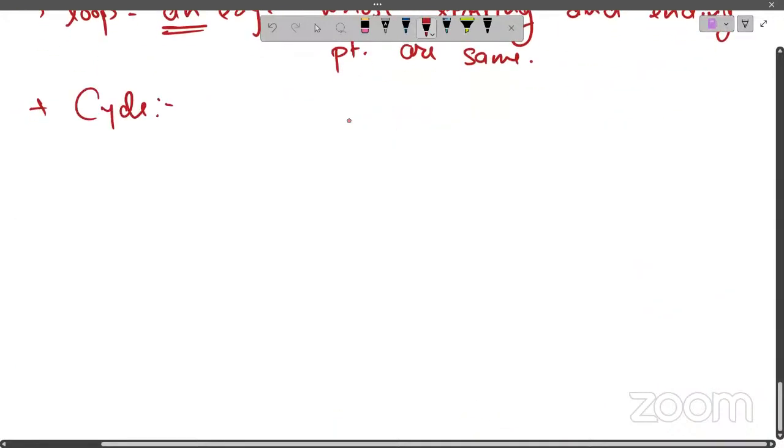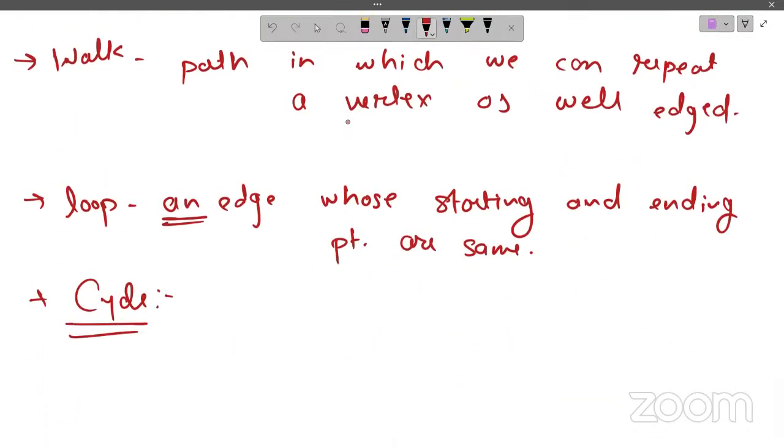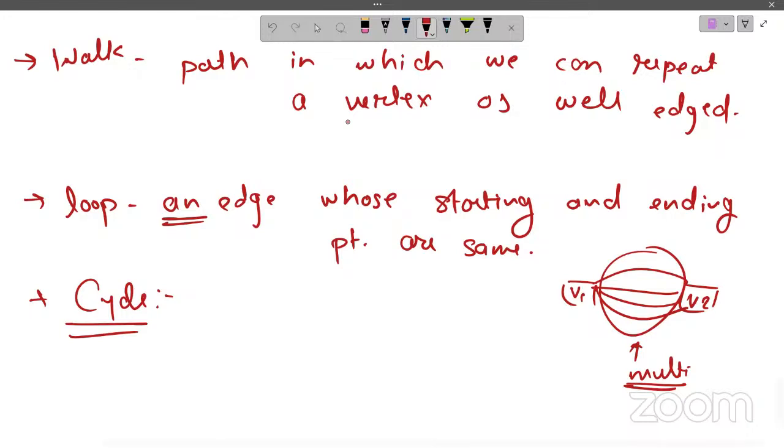Ma'am, I didn't follow multi-edge. Multi-edge is basically, suppose these are your two vertices v1 and v2, and you have several edges between them. This set is called a multi-edge. So we just need one edge. Why do we consider more than one edge, right?